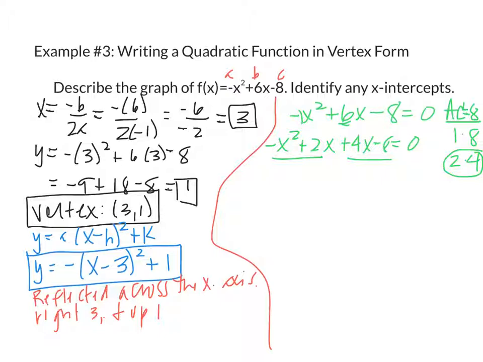If I factor out a negative x, I am left with x minus 2, sorry. If I factor out a 4, I'm left with x minus 2. The goal is that both of your parentheses are the same so that I can continue to factor. So that would leave us with, in parentheses, negative x plus 4, and then x minus 2 equal to 0.